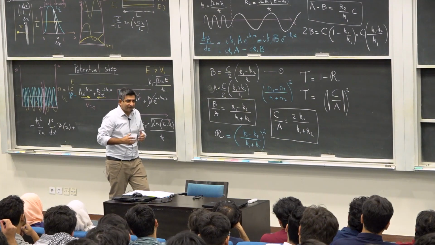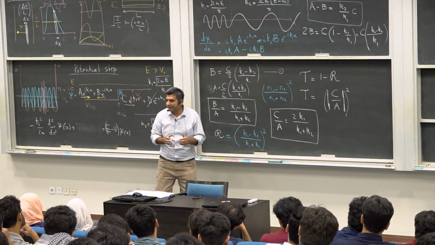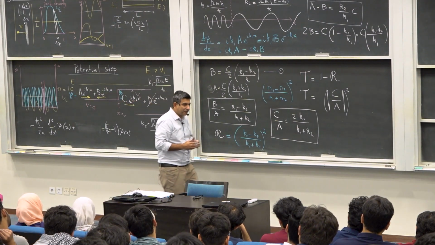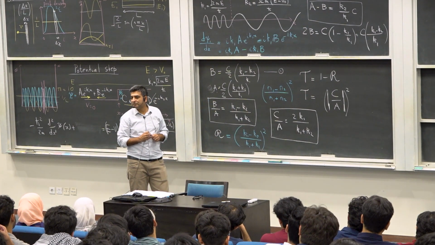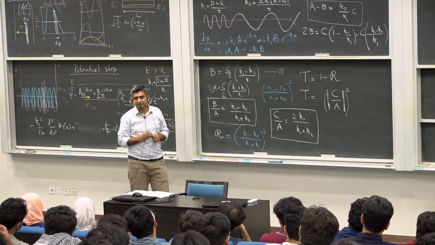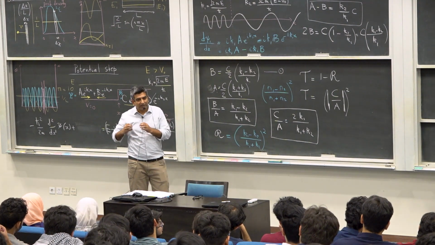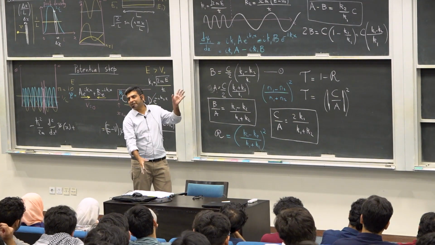Now, when current comes in to this potential step, there's some likelihood that the current will be returned, and some likelihood that the current is going to go forward. Is current conserved? Current is conserved. If there is no charge deposition on the surface, whatever current comes in at a node must equal all the current that goes out.